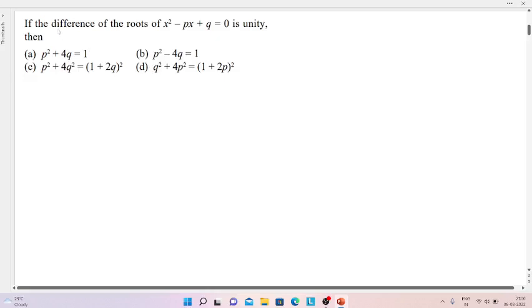So here the important term is difference of the roots, right? From the previous lecture, I have already told you that there are exactly 2 roots for a quadratic equation. So here the quadratic equation given to you is x square minus px plus q equals to 0, right? Let alpha, beta be the 2 roots of the quadratic equation.